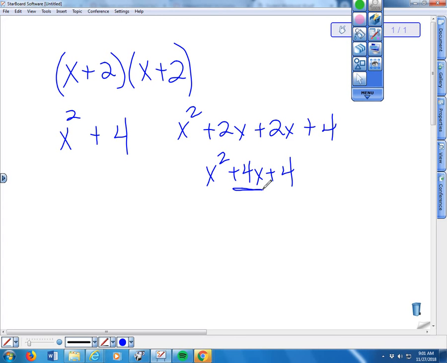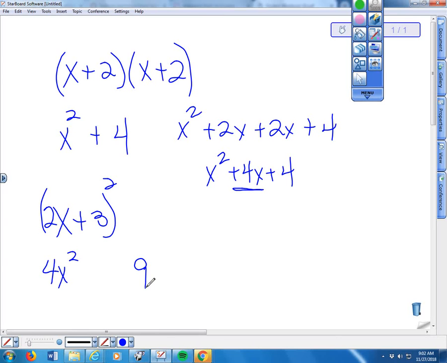I do. Please. So if you ever have a problem, let's make it 2x plus 3 squared. Square the first term. Square the last term.